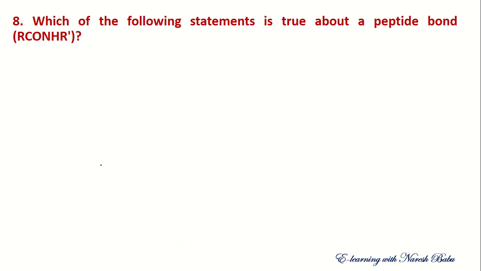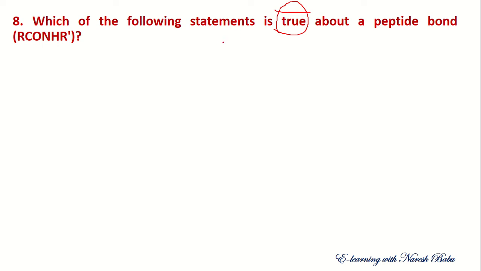Coming to question 8, which of the following statements is true about a peptide bond? As we discussed before, amino acids are linked by making a peptide bond. Which of the following statements is true? In this type of question you should observe the question completely and clearly, since they are asking whether statements are true or false.